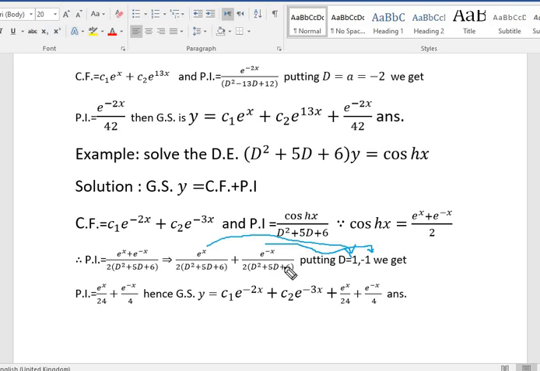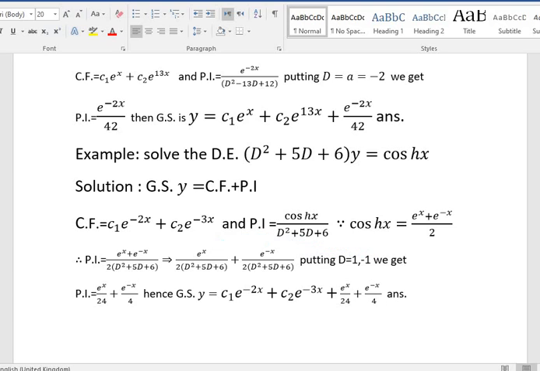Plus e power minus x, with d equal to minus 1: 1 minus 5 plus 6, that means 7 minus 5, which is 2, multiplied by 2 is 4. Therefore the general solution is complementary function plus particular integral: c1 e power minus 2x plus c2 e power minus 3x plus e power x divided by 24 plus e power minus x divided by 4.